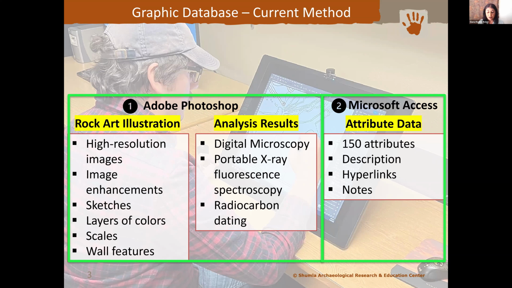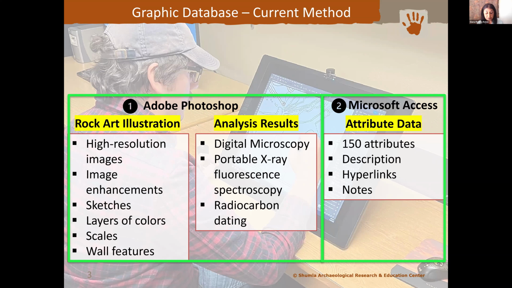In the first part, Shumla uses Adobe Photoshop to organize the rock art illustration and analysis results in corresponding layers. This includes high-resolution and color-enhanced photographs, sketches, color sequencing, as well as results from digital microscopy, portable X-ray fluorescence spectroscopy, and radiocarbon dating.